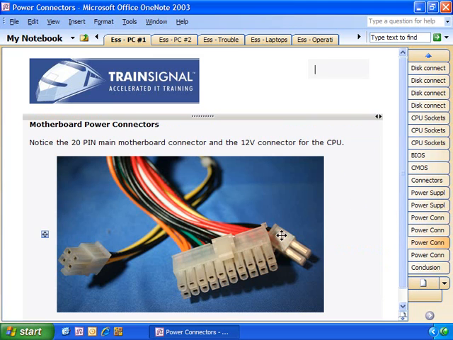So notice how this power supply connector right here is a 20-pin mainboard, motherboard connector. So this plugs into your motherboard, to power everything on your motherboard from the power supply. And usually this 12-volt connector over here will plug into the motherboard as well for Pentium 4 and above processors. Newer cases and power supplies might have different types of connectors that connect to your motherboard.